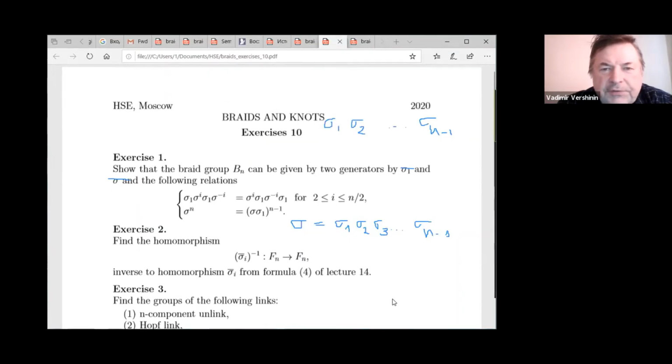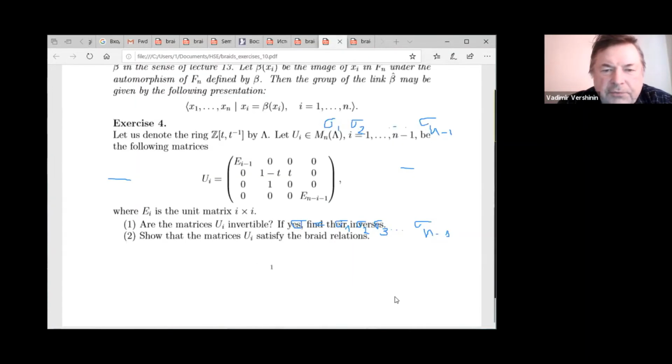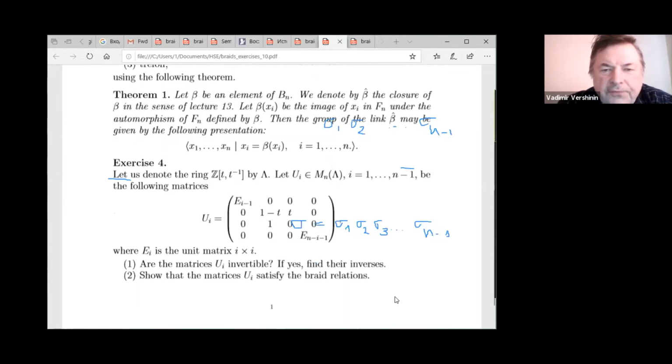So I should find the free space. For the three strands in braids you can see everything: this is sigma 1, right?